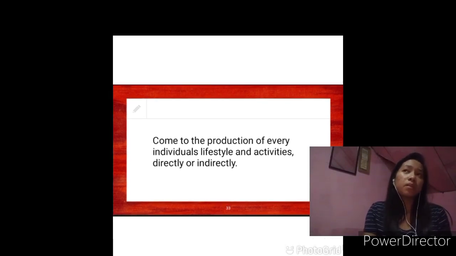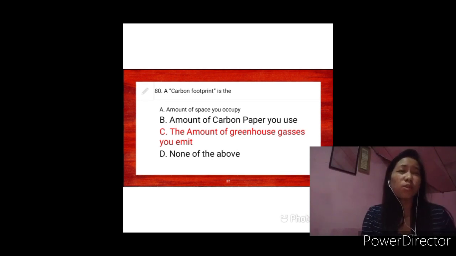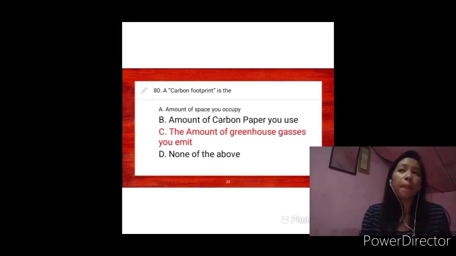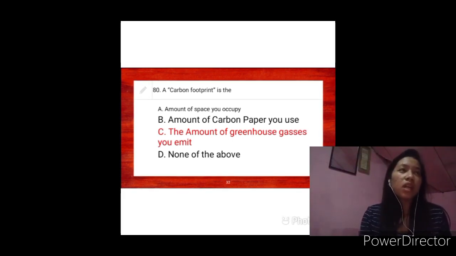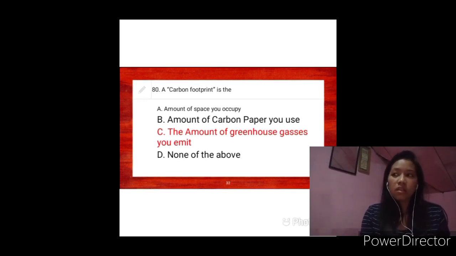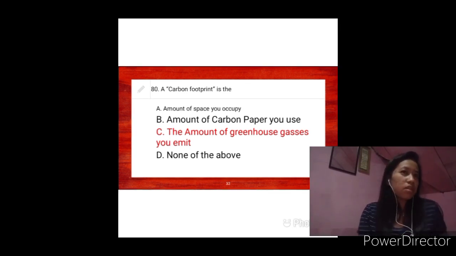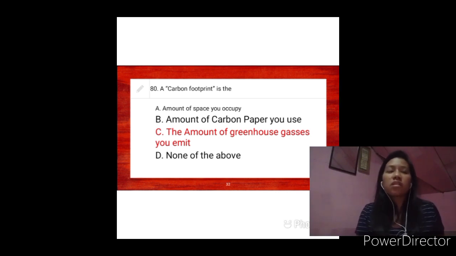The carbon paper you use is only a process from machineries, and the space you occupy is not applicable because it's just a space, and there's no carbon that is going around.